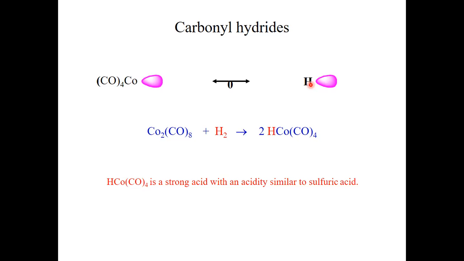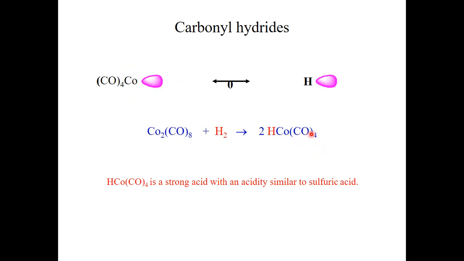For that reason, it can be considered as a fragment having one valence orbital, that 1s orbital with one electron in it. Now the cobalt tetracarbonyl fragment also has one frontier orbital with one electron in it, and therefore these two can be considered isolobal, and they can indeed be combined to what is called a carbonyl hydride of the composition HCo(CO)4.